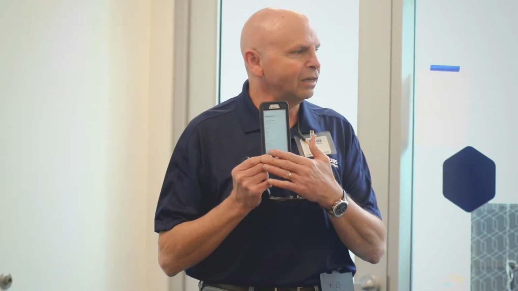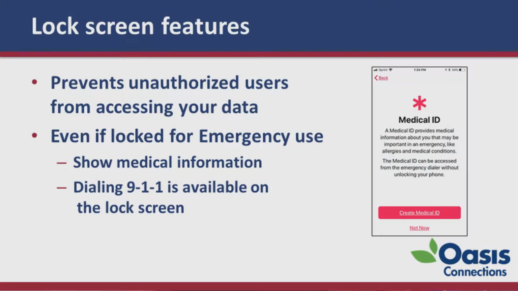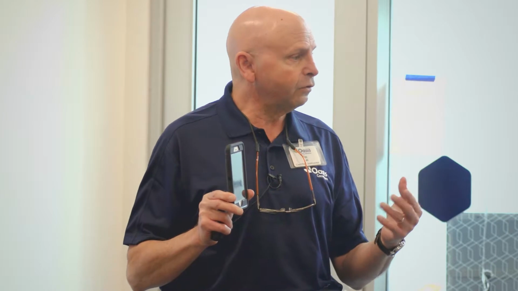Your emergency medical information is not going to be here automatically. You have to go into what they call the health app and put this information in. And you can put in as little or as much as you want. That's up to you. I have basic information in here, my name, my address, emergency contacts, and my blood type. But those are all things that you can do without even having to log in to the iPhone.